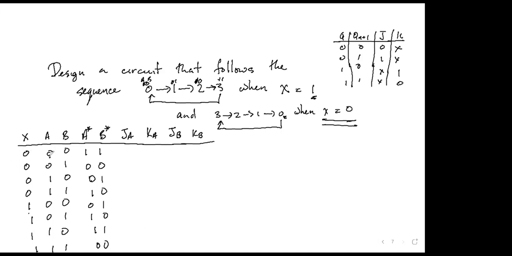So if we're at 0 and the next state is 1, then it would be 0, next state 1. 0 and the next state is 1 is 1, don't care. We're at 0 and the next state is 0, it's 0, don't care.